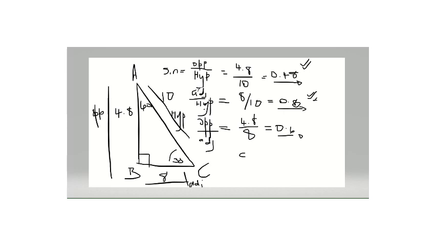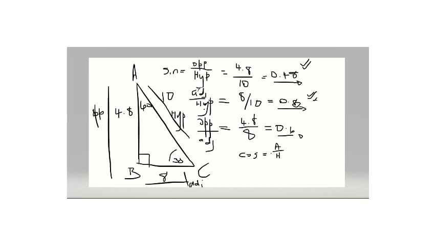Let us write this here. Cos is always equal to adjacent, I'm going to use A, over hypotenuse.